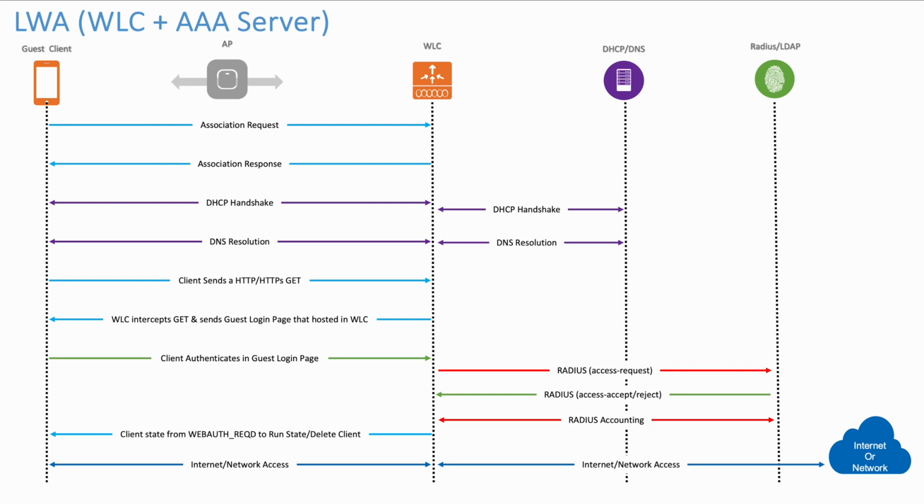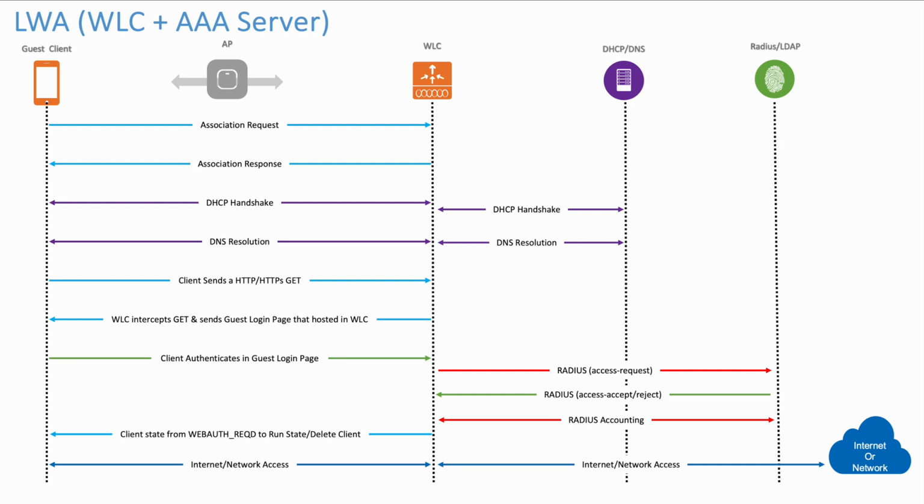When you say AAA, it's authentication, authorization, and accounting, right? In that scenario accounting is not mandatory, but if you have accounting enabled, this is the place you are going to do that. There will be communication between the WLC and Radius for accounting information to be passed.